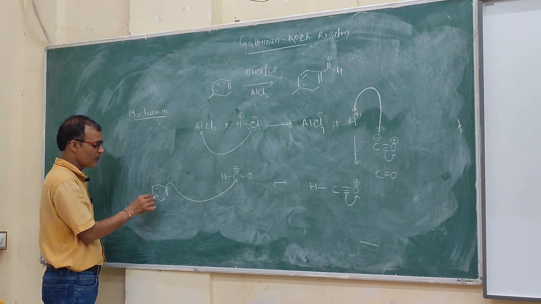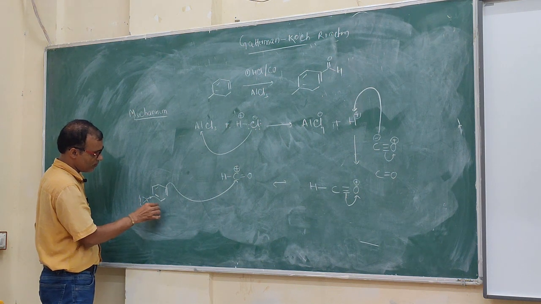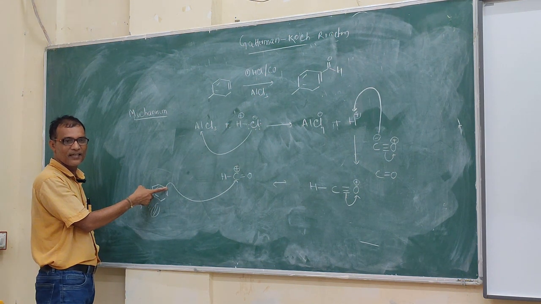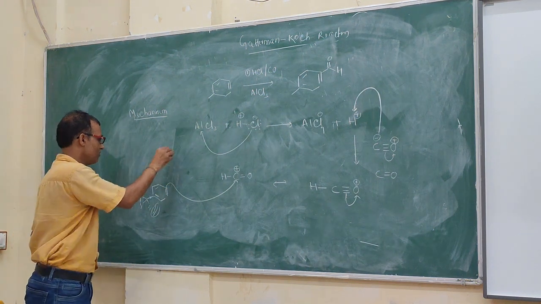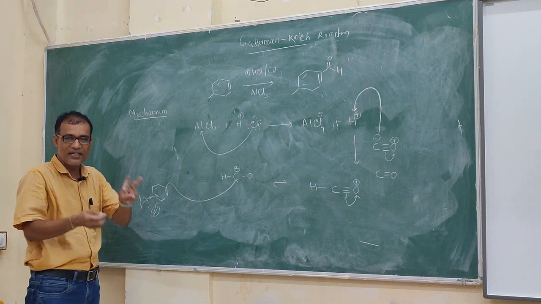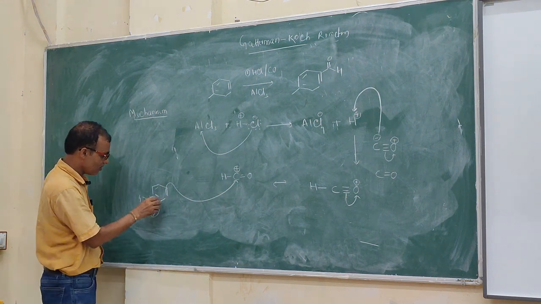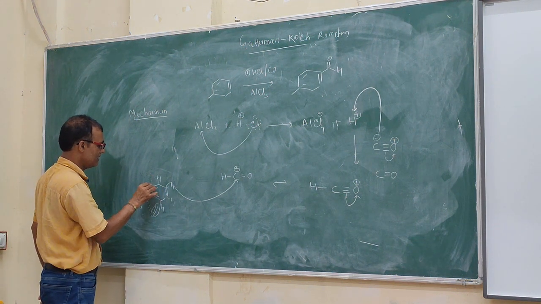But the ortho position is not preferred because there are 3 hydrogens, some steric problem. You get it? So this position is free. Methyl has 3 hydrogens in a tetrahedral structure, but the other hydrogen is in plane in benzene, so it's easy.